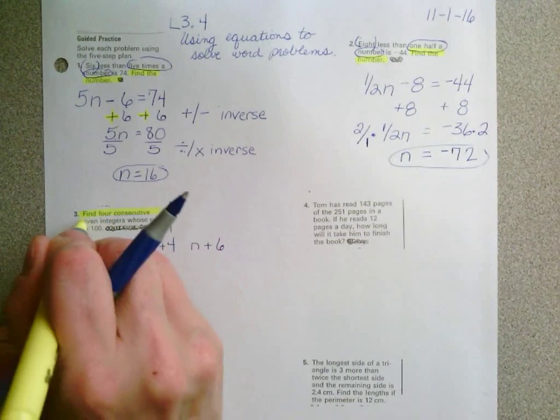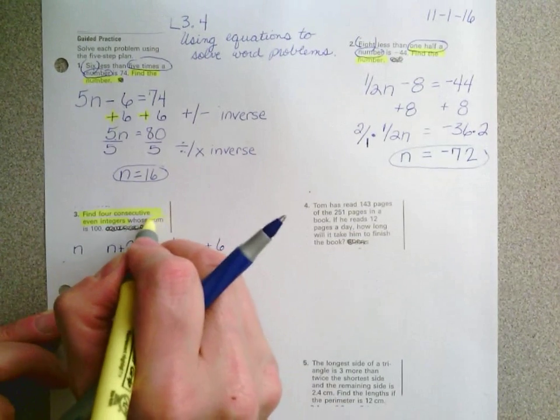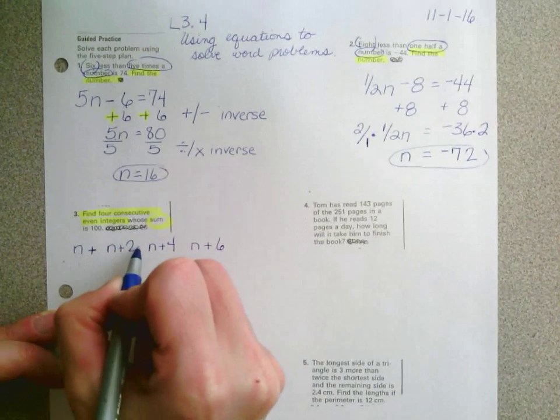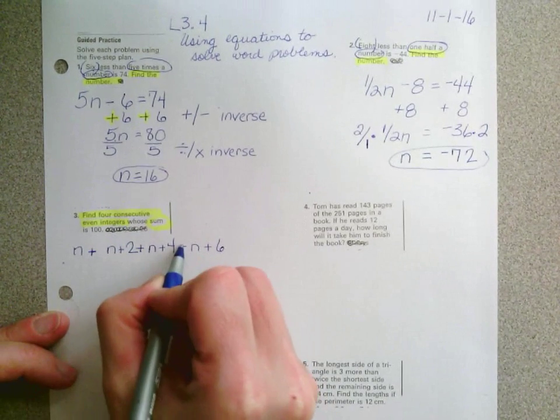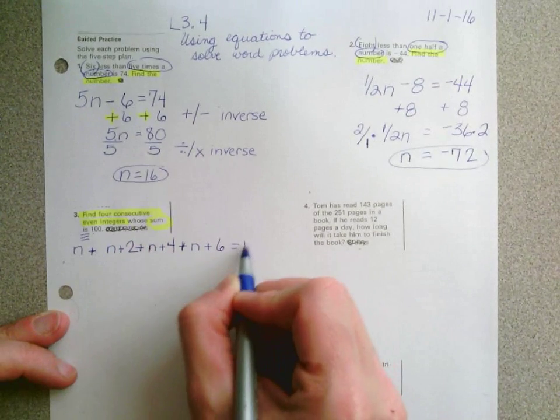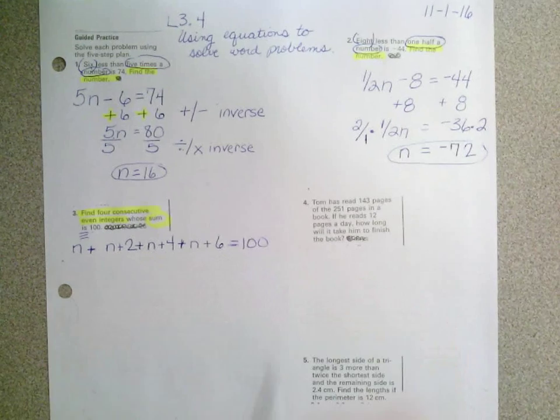Those are the 4 consecutive even integers, but we want to know their sum, which means we're going to add all of these together. Their sum equals 100. We want to know the list of 4 consecutive even integers whose sum is 100.